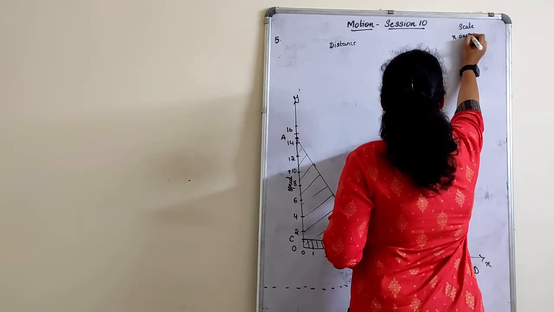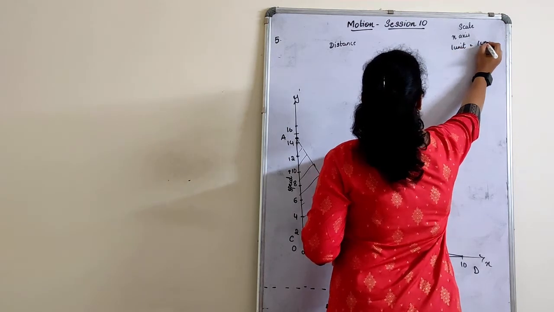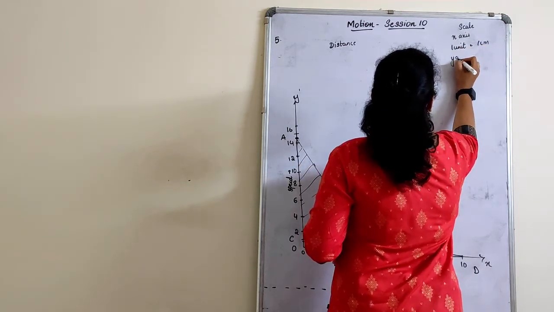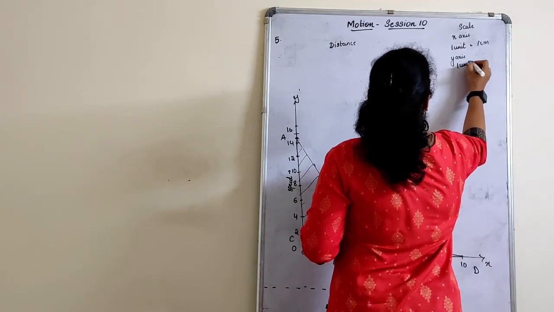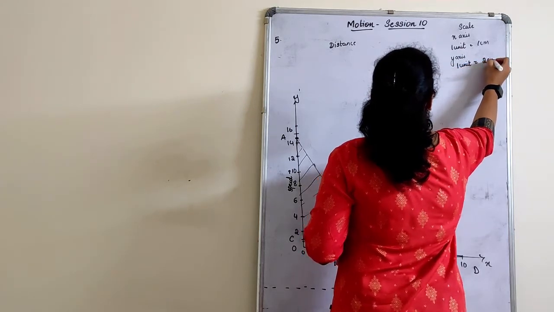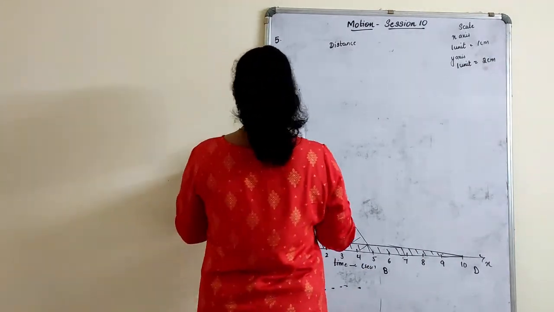The main thing I forgot to tell you is the scale. On the x-axis, 1 unit is equal to 1 centimeter. On the y-axis, 1 unit is equal to 2 centimeters. Fine. Now what will we write?